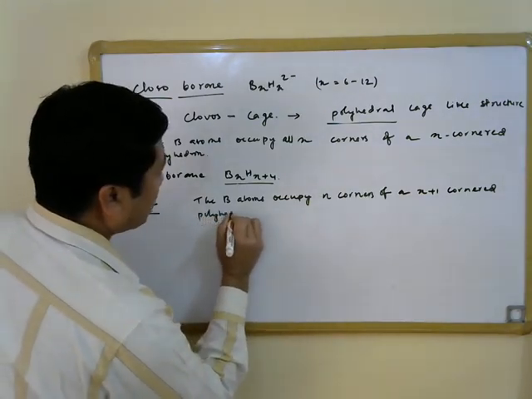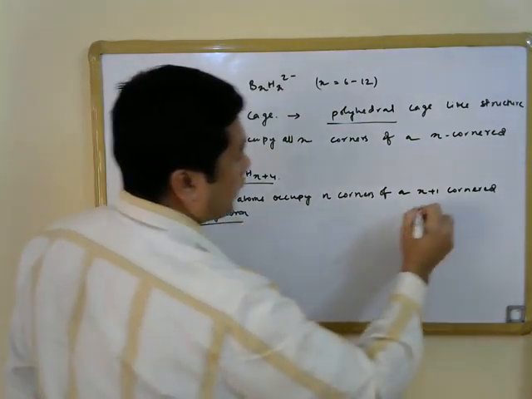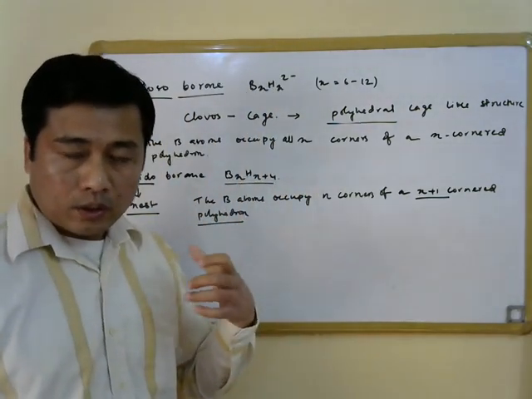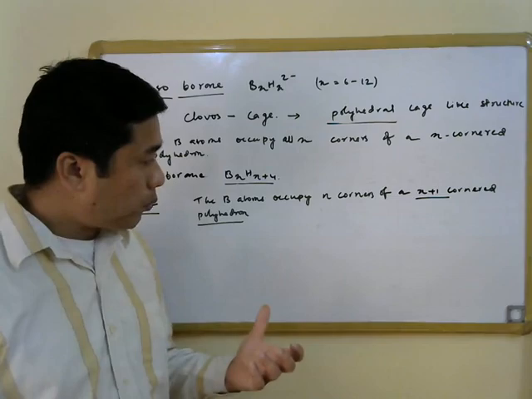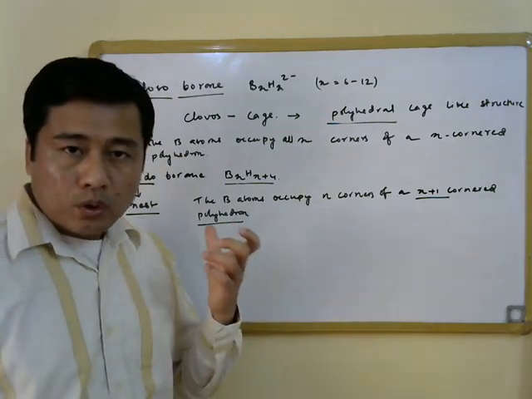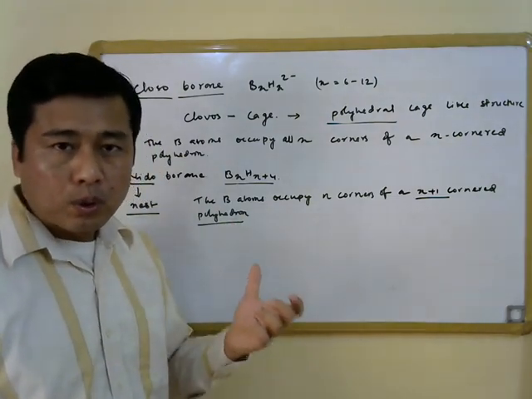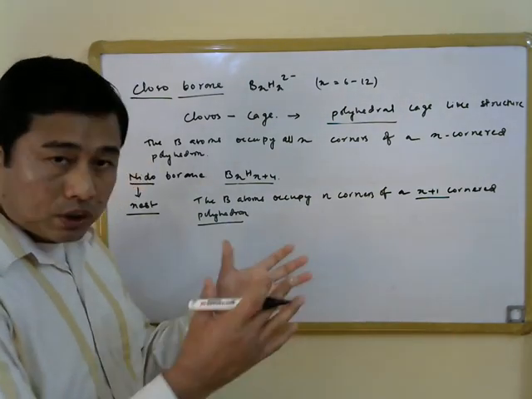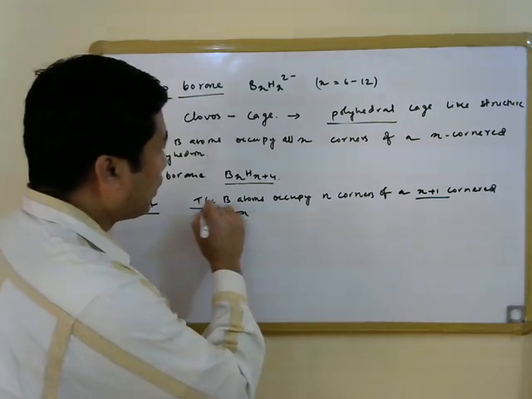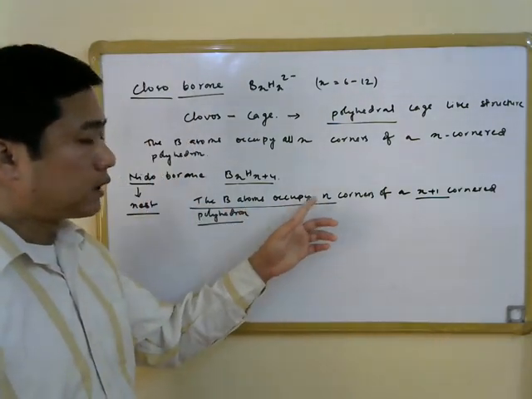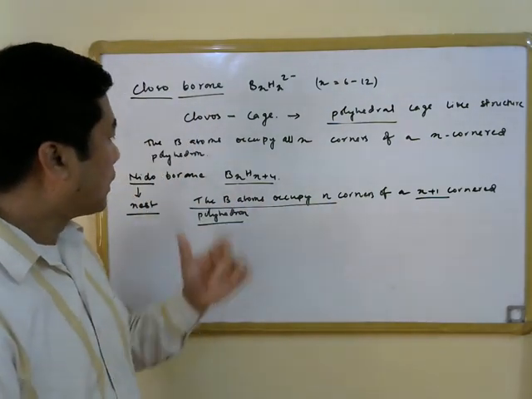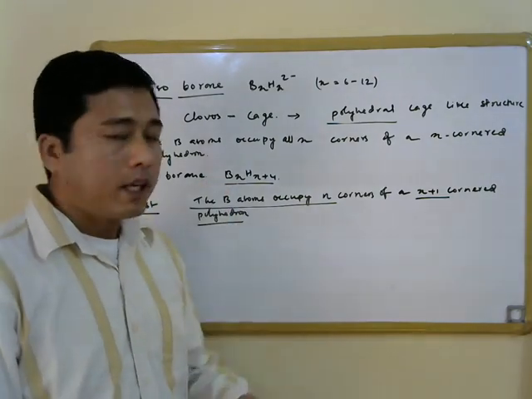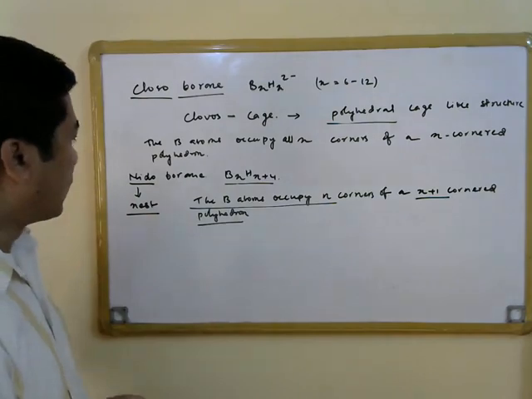So the structure is based on a n+1 cornered polyhedron, and in this polyhedron, one of the corners is not occupied by any boron atom, so it is open in that corner, it is empty, and that is why the structure is open, and all the other n boron atoms in this nidoborane occupy the n corners of the n+1 corner polyhedron.